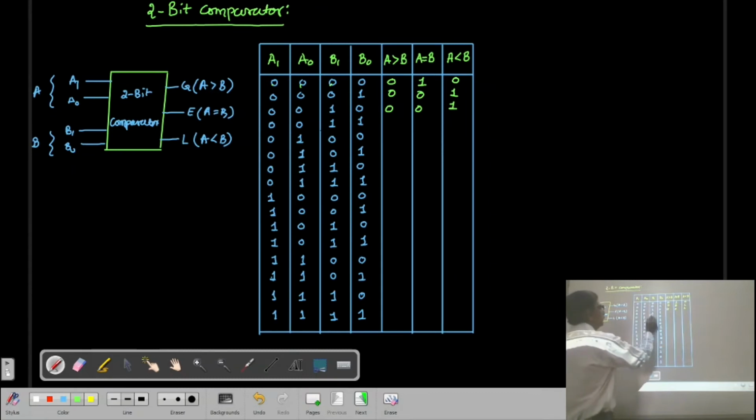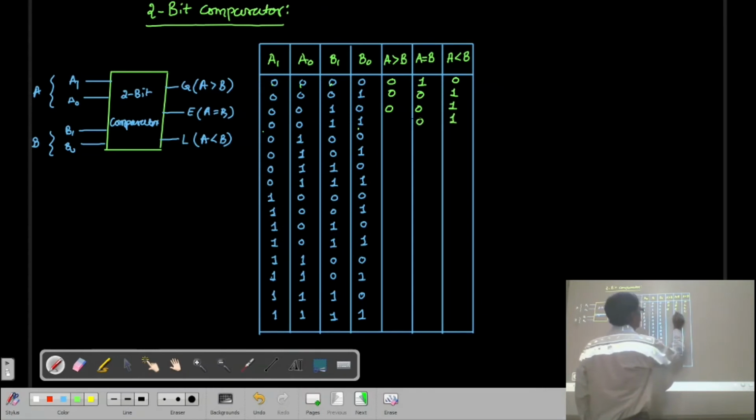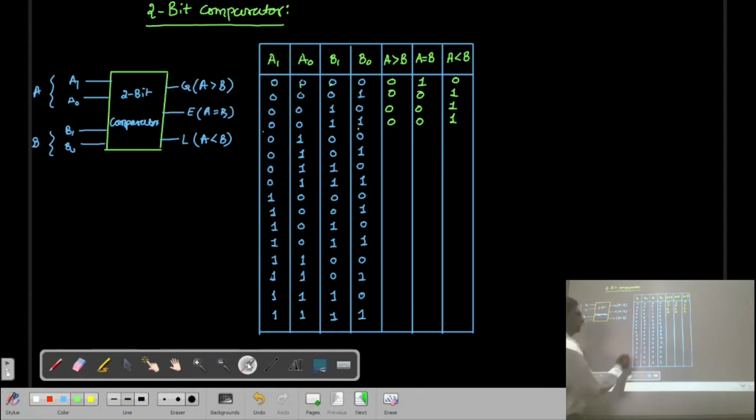In the third combination, B is 1 1, A is 0 0, so this is also high and these two are 0 0. But now if you see the fourth combination, this is 0 1 and this is 0 0, so A is high, so here we have 1 and these are two 0 0.